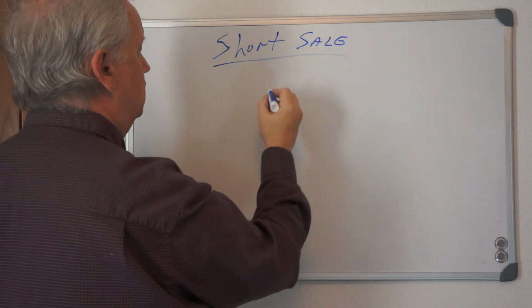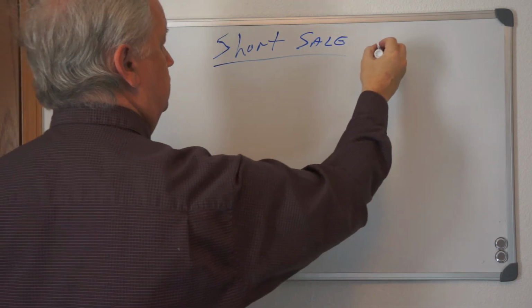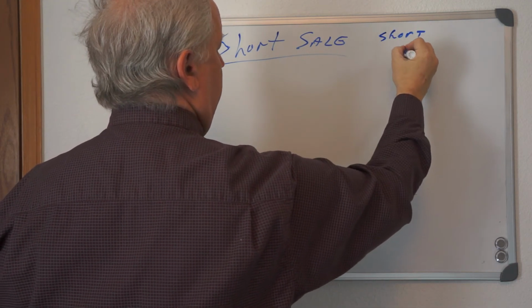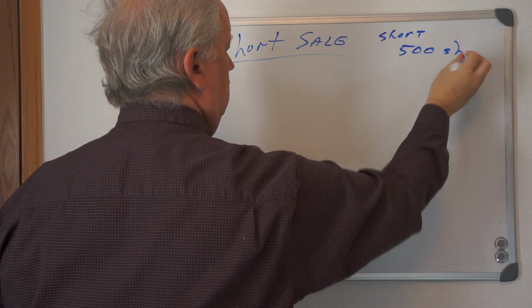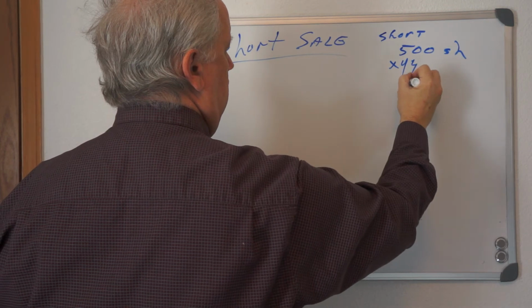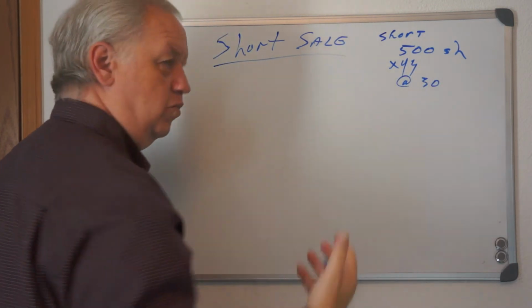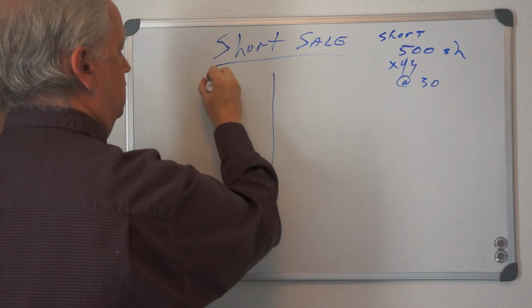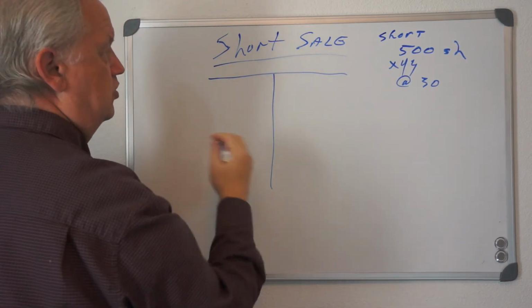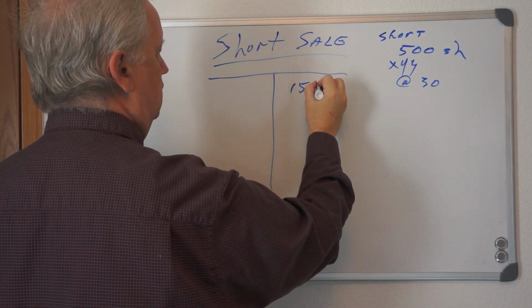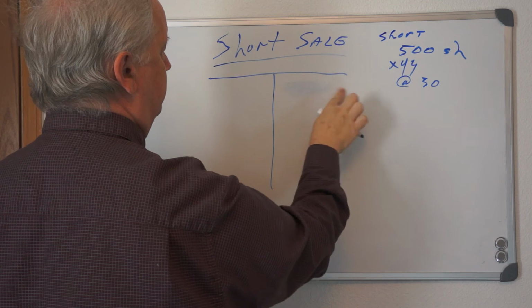So a short sale, let's say you're going to short 500 shares of XYZ at 30. Once again, the same process is happening. 15,000. How much do you owe? 15,000, or you owe 7,500.